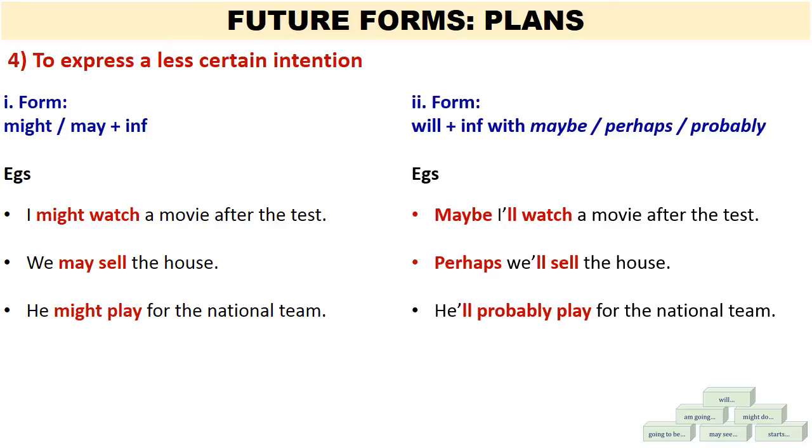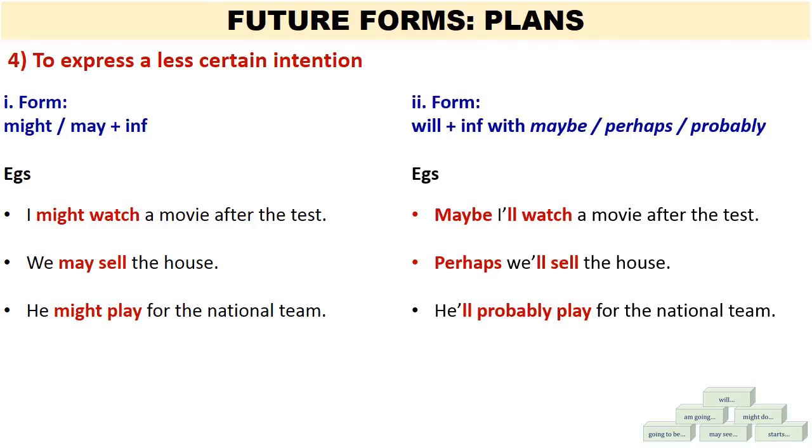Another example, perhaps we'll sell the house. So, using will sell plus the word perhaps. Again, this indicates an action that is not certain, it is not confirmed. One final example, he'll probably play for the national team.